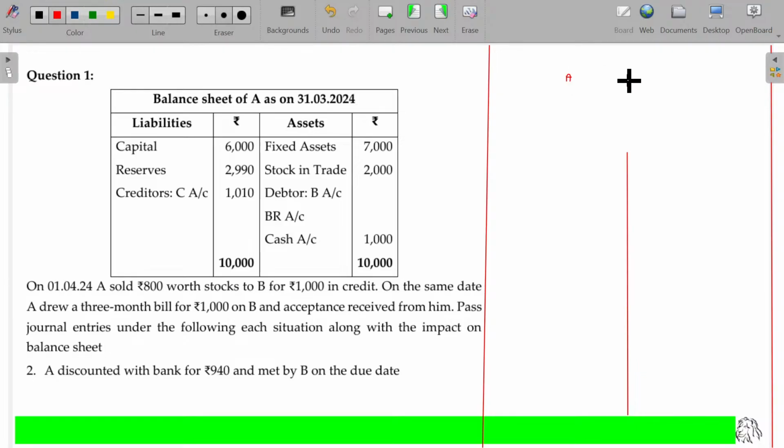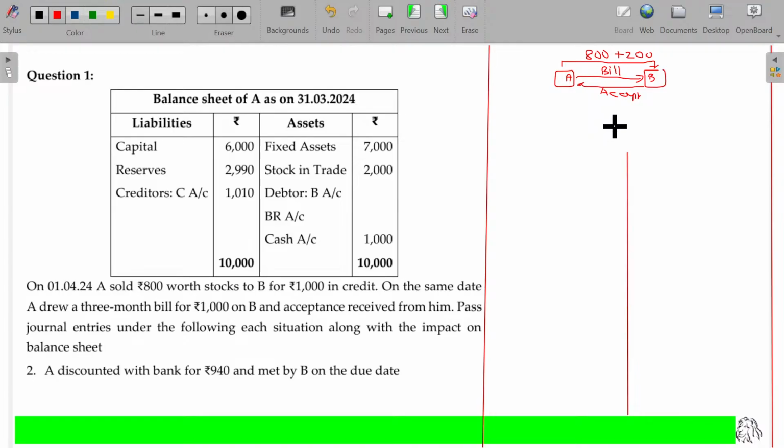A sells goods to B worth 800 by adding 200 rupees, sold at rupees 1000, and A draws the bill on B. B accepts the bill and sends it to A.